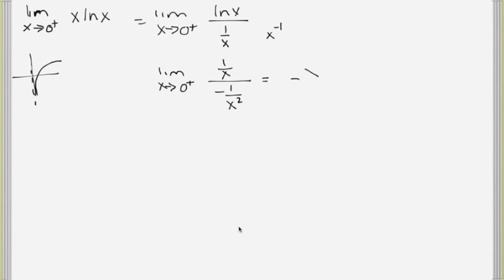And I'm going to end up with negative x squared over x, or negative x. And if x is becoming 0, we get 0. So in this case, our first indeterminate was 0 times infinity, and we got 0. Then we reworked it, and we got an indeterminate of infinity over infinity, and that's 0 in this case.